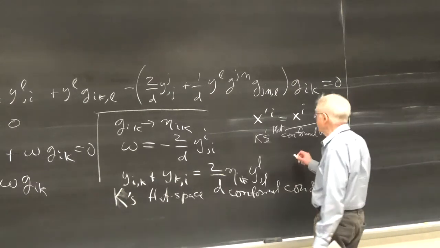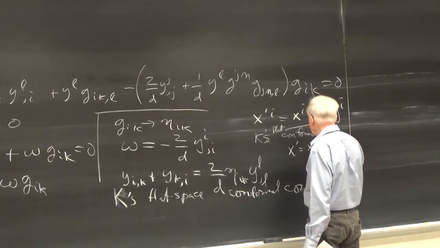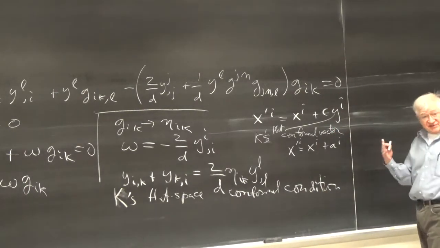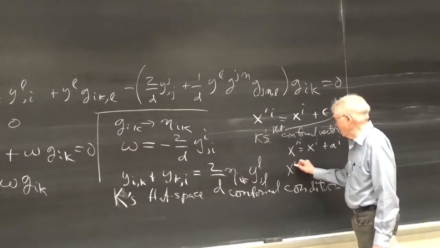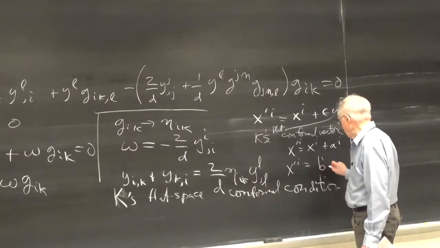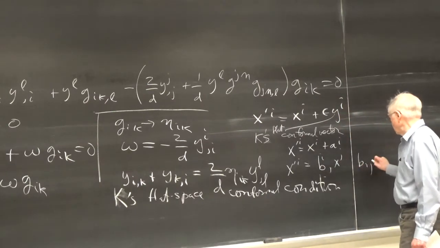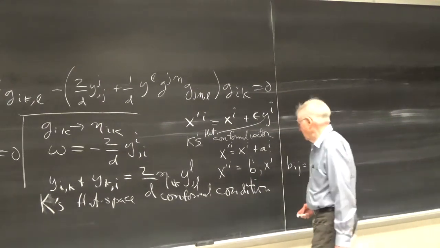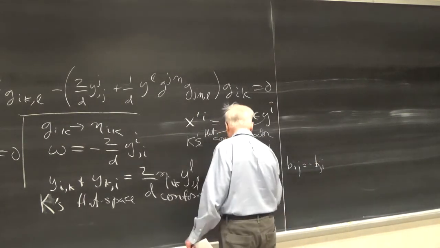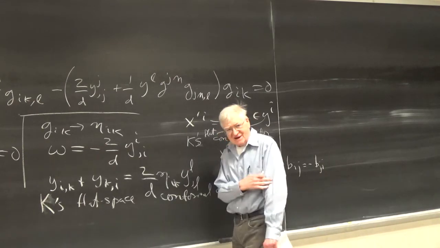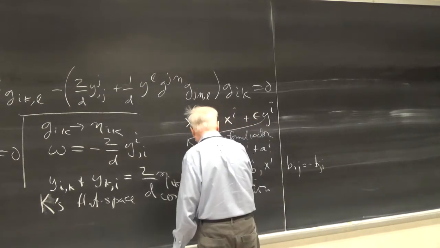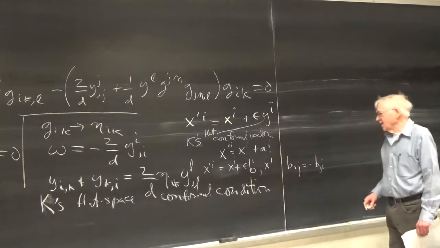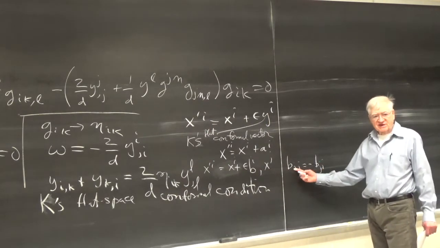So a translation, x prime I is x I plus a I. This leaves the flat space metric invariant, but also x prime I equals x I plus epsilon b I J x J, where b is antisymmetric when both indices are down or up.